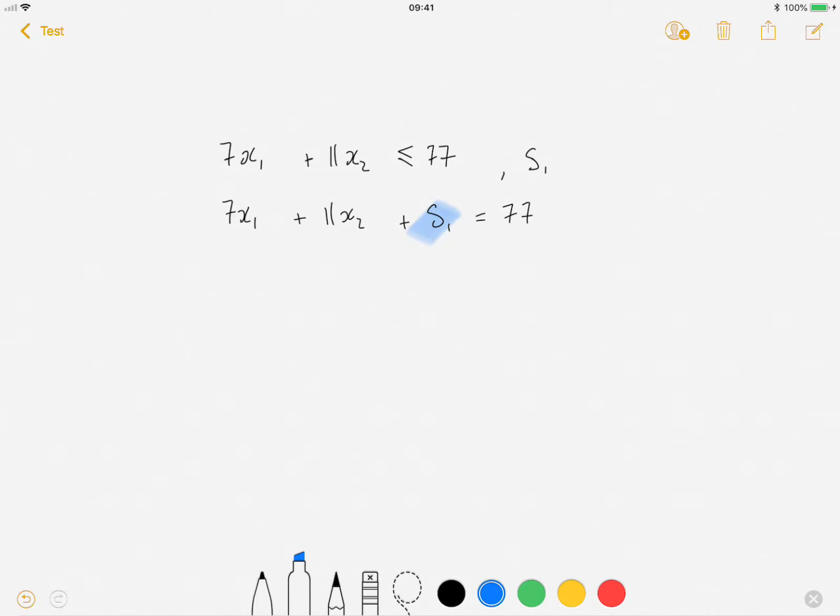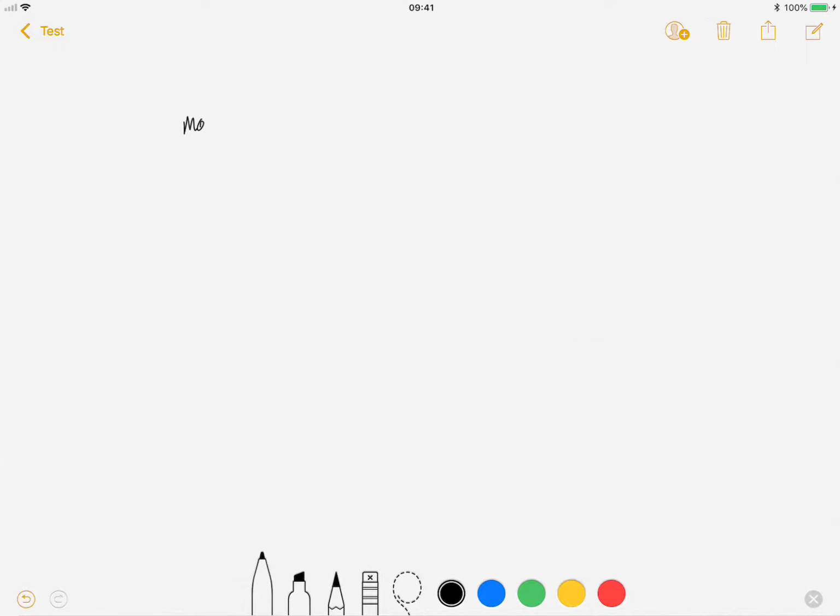So we can go ahead and write the fully augmented system from our example. We want to maximize the profit, Z, which is equal to 150x1 plus 175x2.